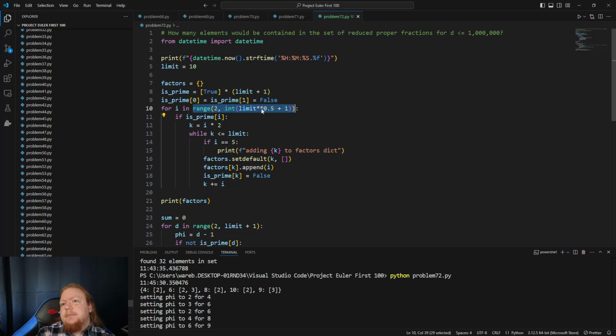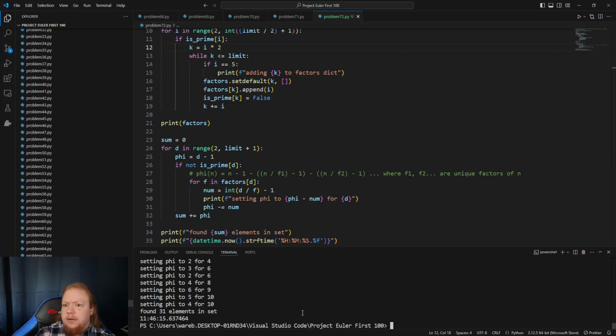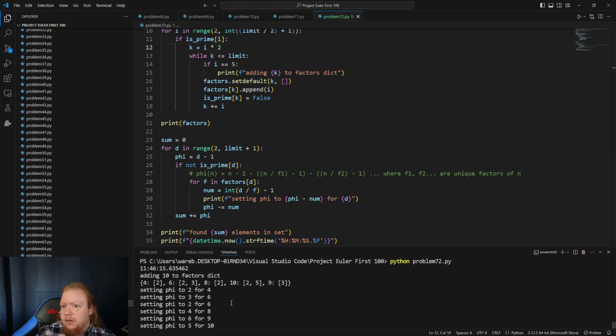Ah, that's another slowdown, isn't it? Okay. So now it's going to take a lot longer to get through setting the primes, but this should be practically instant. 4 for 10 is correct.